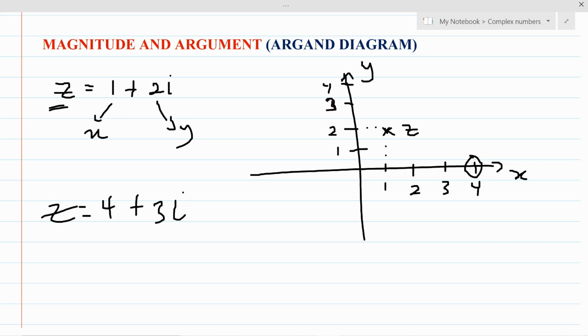I just note where they meet, and I plot it. Let's say this is z1, and this is z2. I hope you are okay. So this is how you can plot complex numbers on the Argand plane or Argand diagram. That is it.